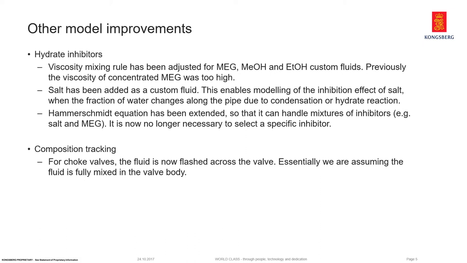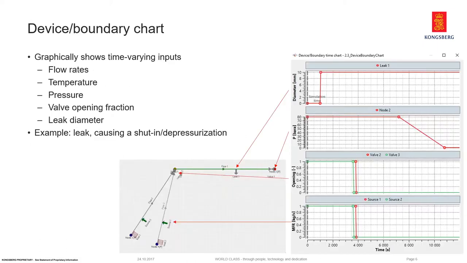The standard mass transfer term that we have for composition tracking was not giving fast enough mass transfer. So now we're doing a pH flash to remedy that, which basically means that we're assuming that the fluid is fully mixed in the valve body, which I think is reasonable for choke valves.